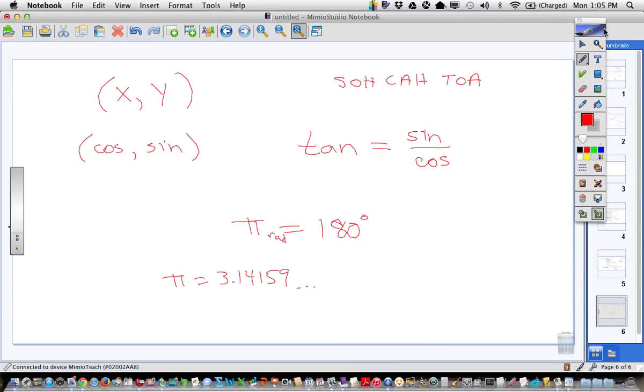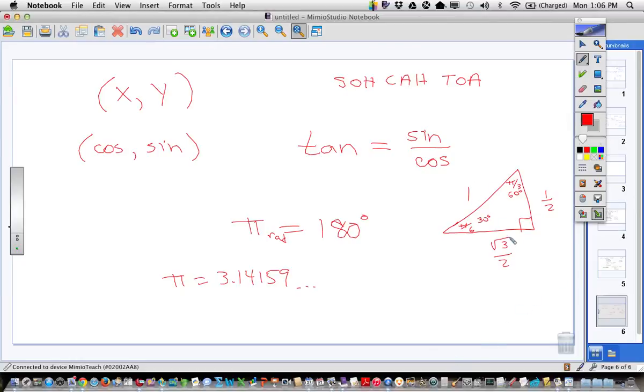If you haven't memorized your unit circle values, then you better memorize a 30-60 triangle. Pi/6, which is 30, and pi/3 up here, which would be 60 degrees. This is going to be 1/2 over here. This is going to be square root of 3 over 2 here, and this is going to be 1 here.